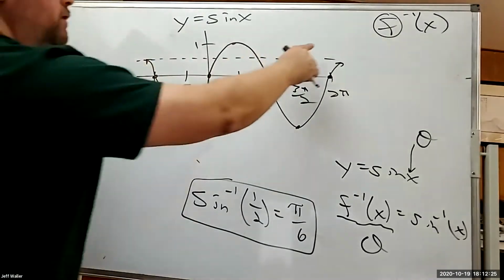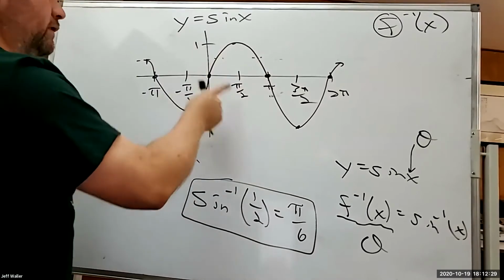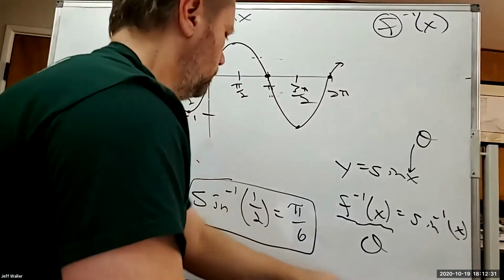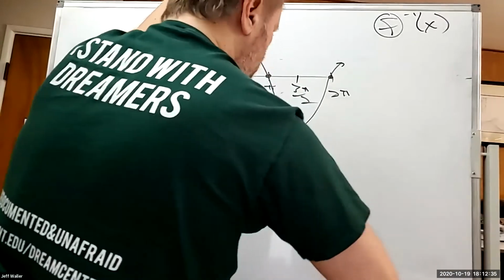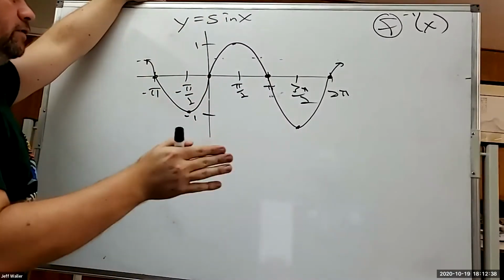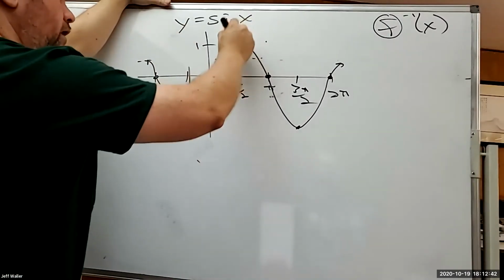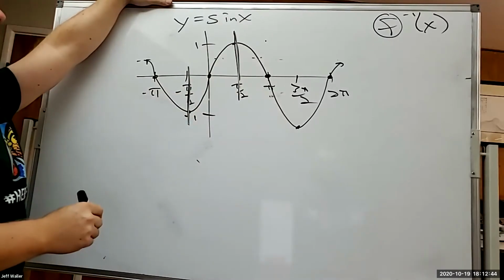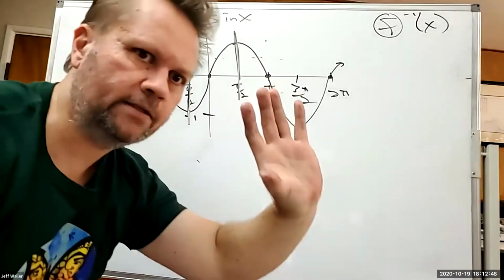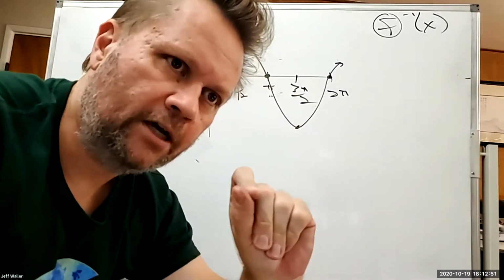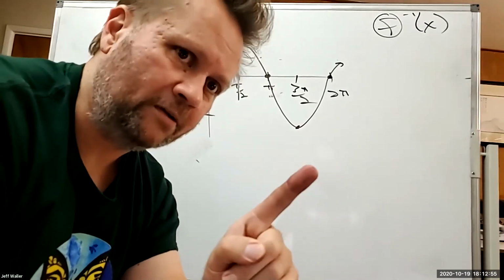So of course, we've already talked about this, but who remembers, how do I make this something invertible? I have to do what? Limit the domain. Yes. There are other ways to do this, but the way we've decided to do this is to limit it from negative pi over 2 to pi over 2. Do you see how that hits all the values that sine takes on? It's not a complete cycle, but we don't want a complete cycle, because then it's not invertible.